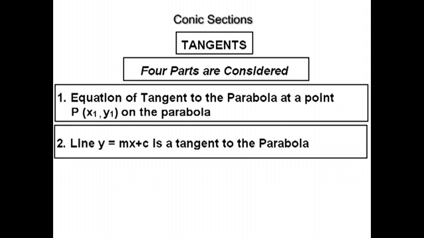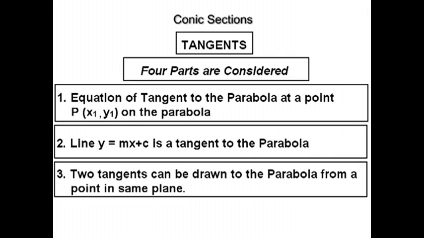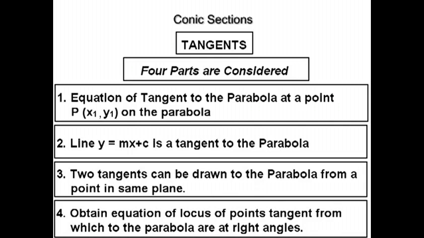Then we show that in general two tangents can be drawn to the parabola from a point (x1, y1) in the same plane. Finally, we obtain the equation of the locus of points from which tangents to the parabola are at right angles.